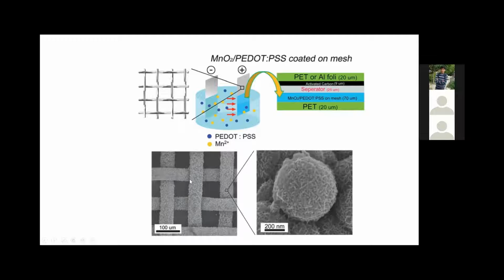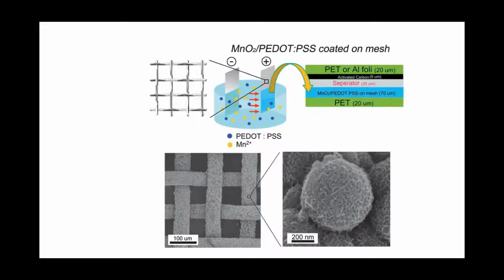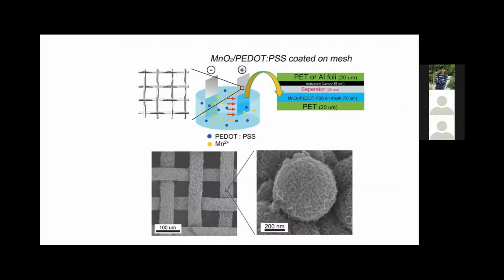For spin coating, we can only take substrates like plastic or glass, not flexible substrates like carbon fabrics. We cannot use those in spin coating, but in EPD we can use all kinds of substrates, which is one of the benefits of EPD.